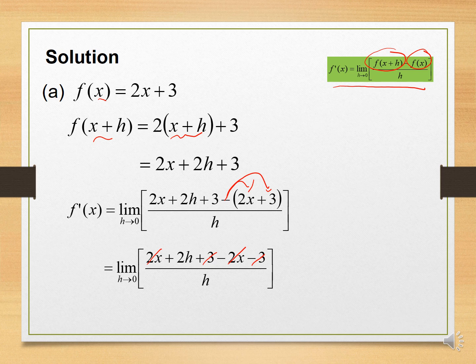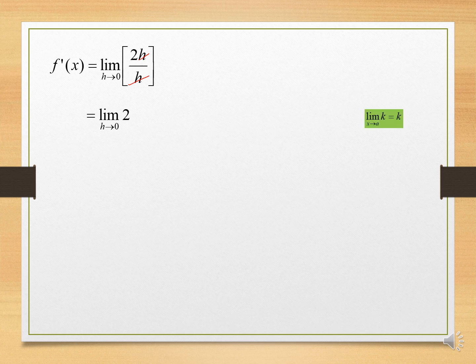Then we will remain with 2h over h. Next we can cancel out both h here, and you will get the limit of 2 for h approaches 0. By using the concept of limit of k as x approaches a, which is equal to k, the limit of 2 as h approaches 0 gives you 2.